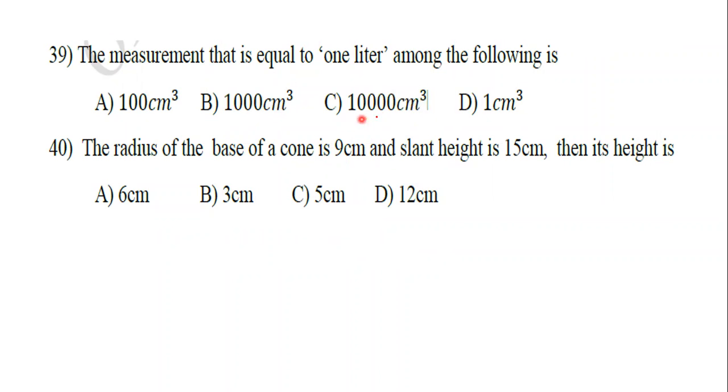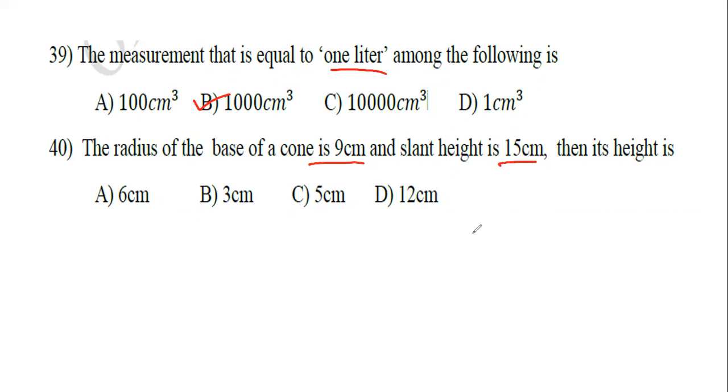Next 10,000 cubic centimeter. Next 1 cubic centimeter. So which option is right? 1 liter converted to cubic centimeter, 1 liter is equal to 1000 cubic centimeter. So which option is right? Option B is correct.